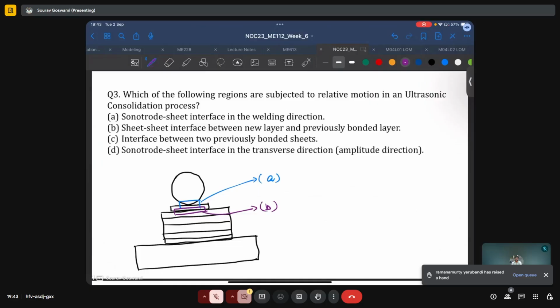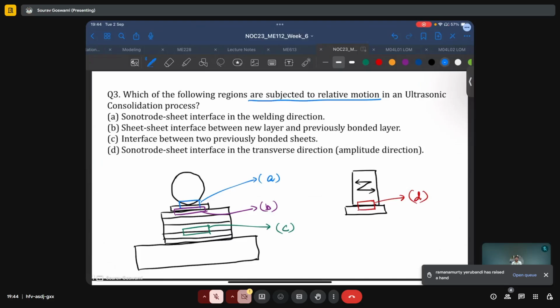The interface between two previously bonded sheets is say somewhere here, and the sonotrode sheet interface in the transverse direction, if we were to draw a front view of this, is this interface right here. And we are asked which of the following regions are subjected to relative motion.